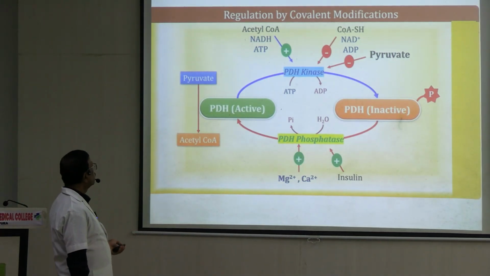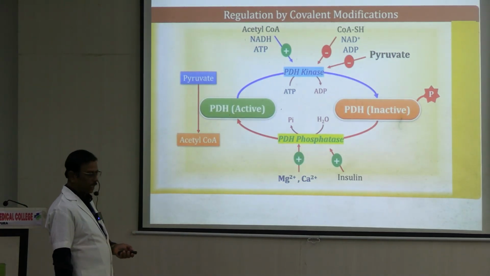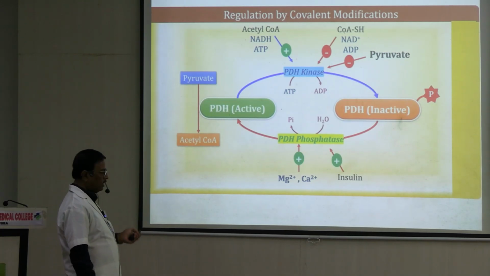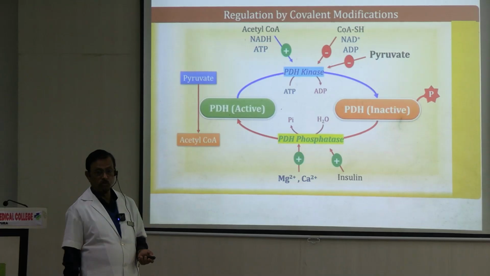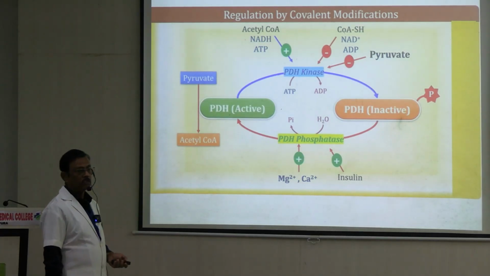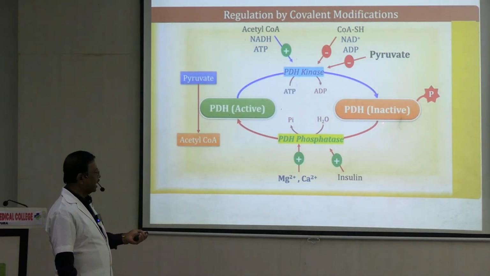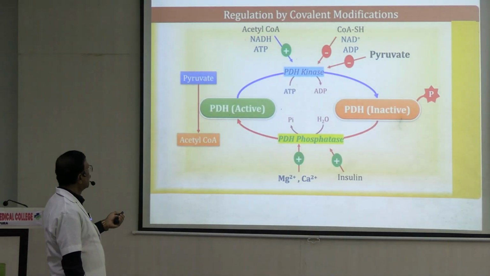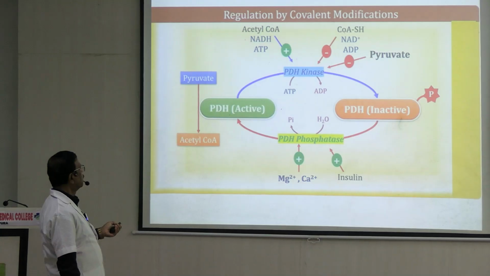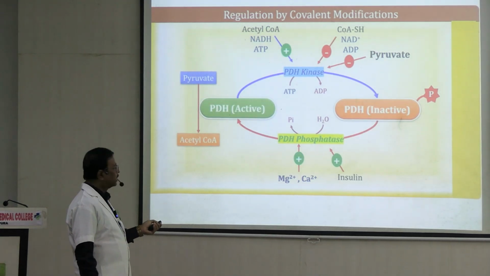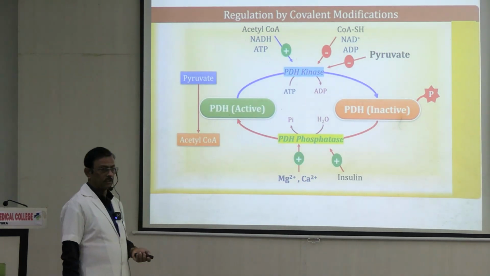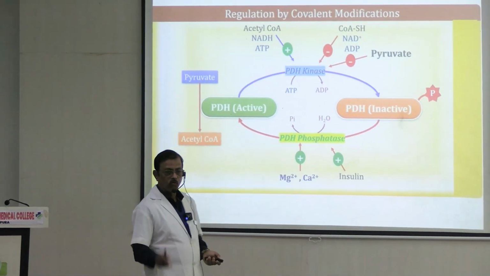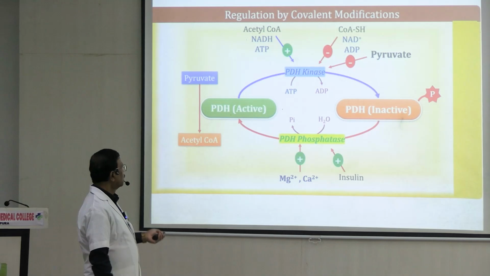Pyruvate dehydrogenase is also regulated by covalent modification. Pyruvate dehydrogenase is active in the dephosphorylated form. When it is phosphorylated, it becomes inactive. Now acetyl-CoA, NADH, and ATP activate PDH kinase. PDH kinase is another enzyme which phosphorylates PDH.